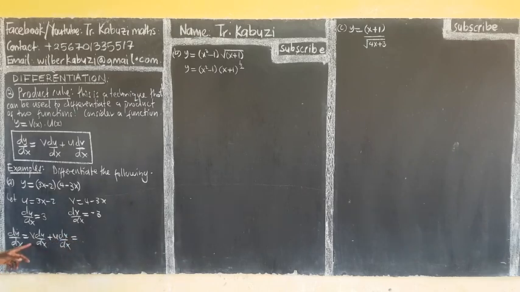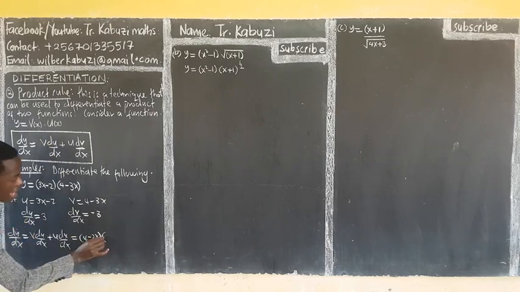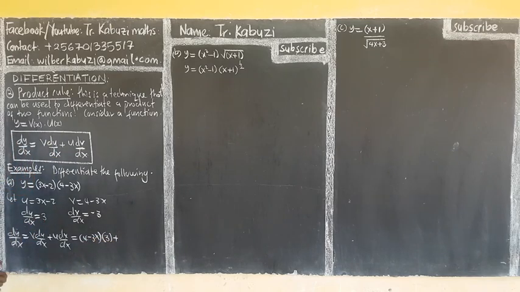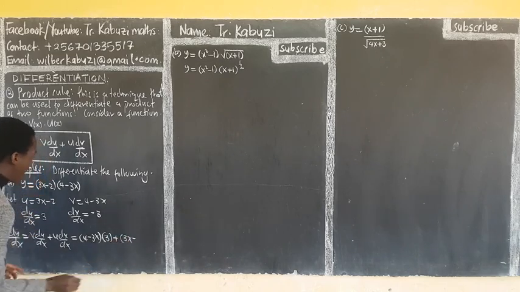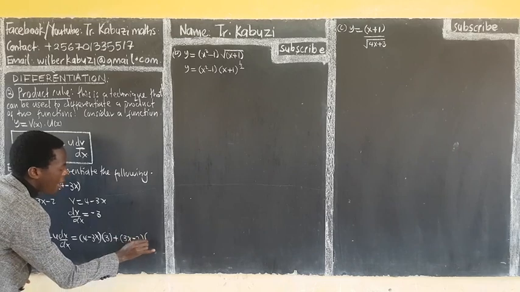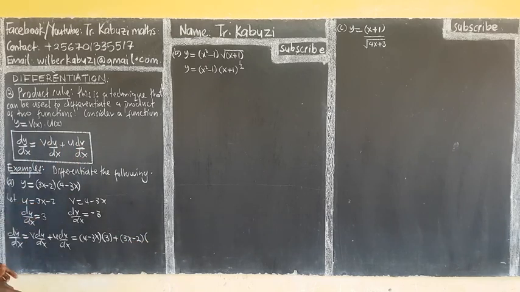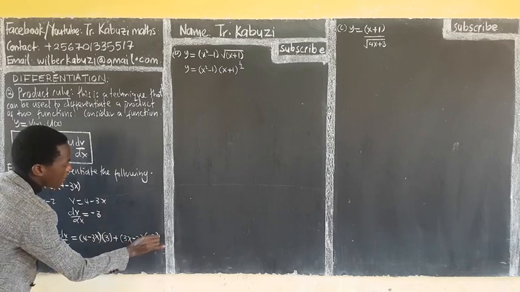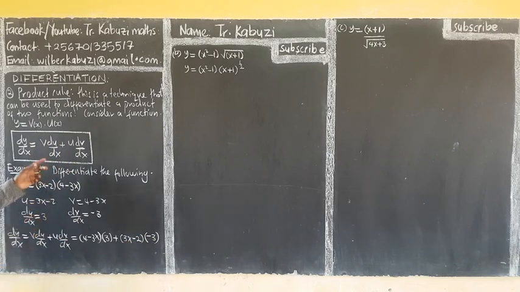If I substitute, my v is here as 4 minus 3x, times du/dx, which is here as 3, then plus our u, which is here as 3x minus 2, times dv/dx, which is negative 3. So that's it. Or some people start with u dv/dx and end with this; you can interchange.